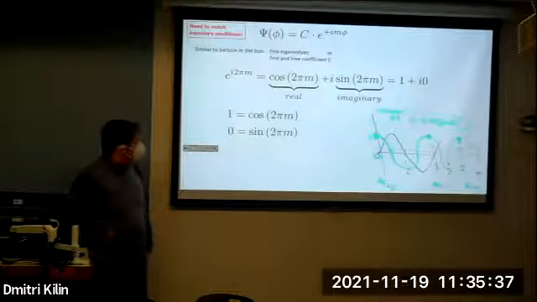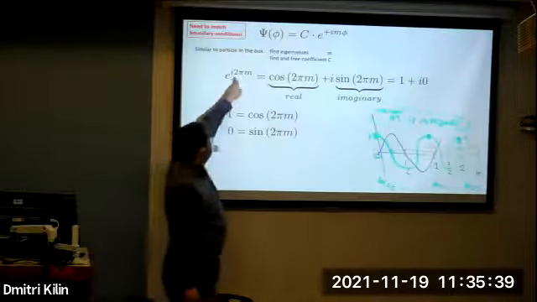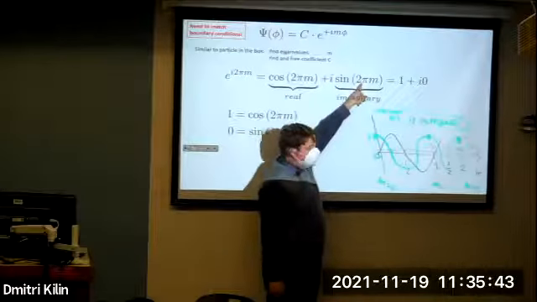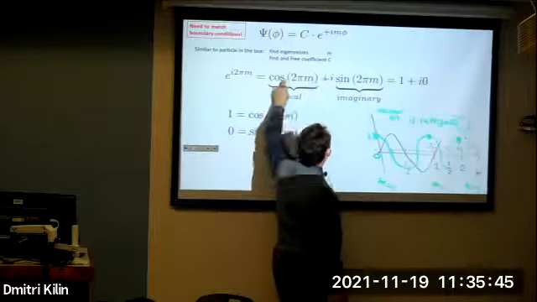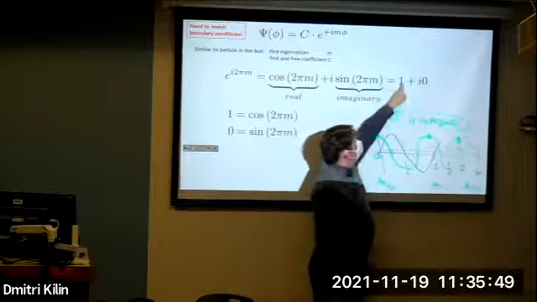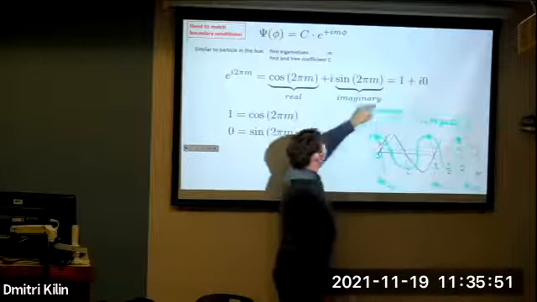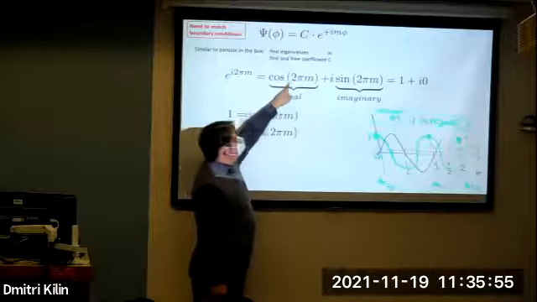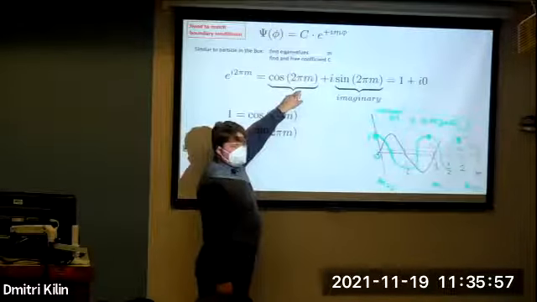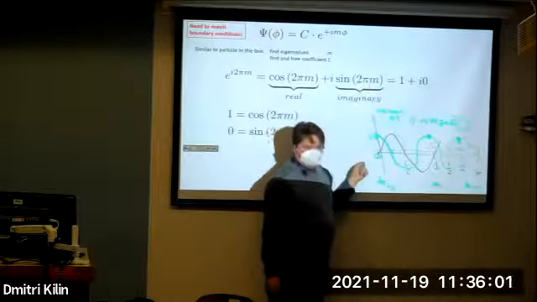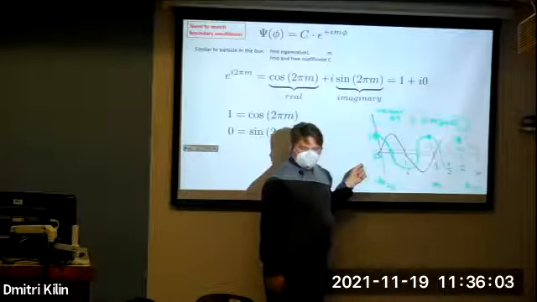So our old buddy Euler tells us that the imaginary exponential is cosine plus i sine, right? So it means real and imaginary, and it should be real 1, imaginary 0. So we can solve independently: cosine 2 pi m equals 1 and sine 2 pi m equals 0. Is it a better equation?